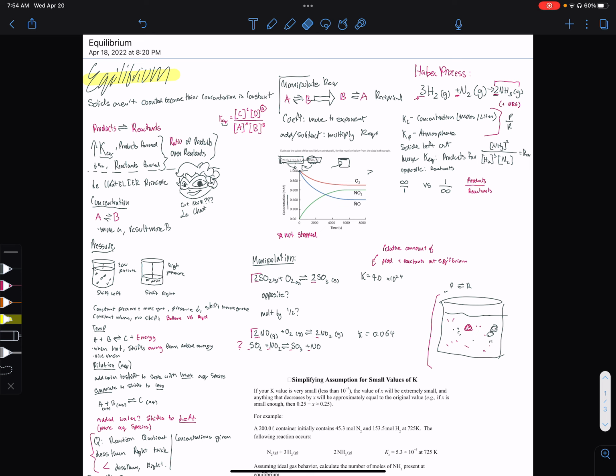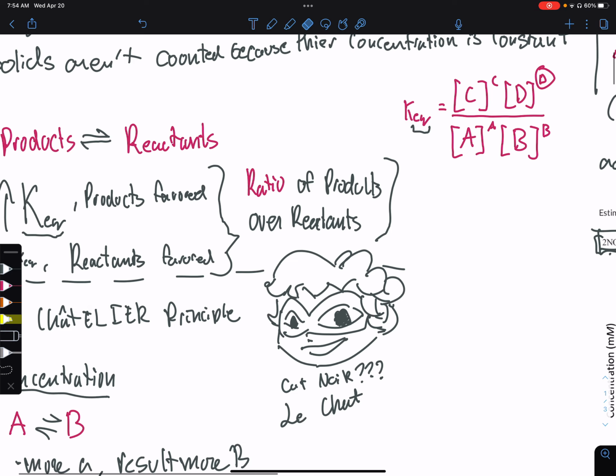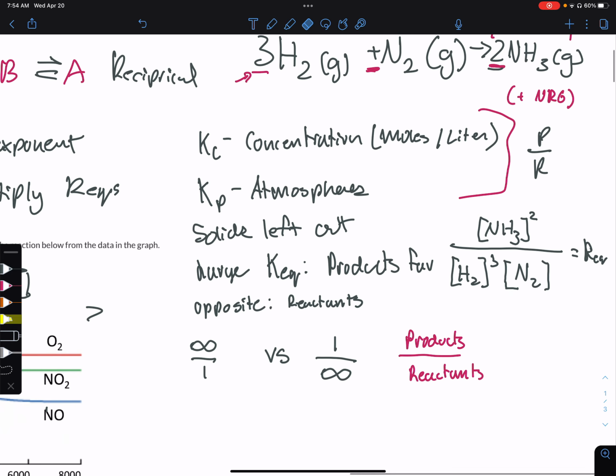But yeah, how is this functionally useful? We were talking about how this was a ratio.